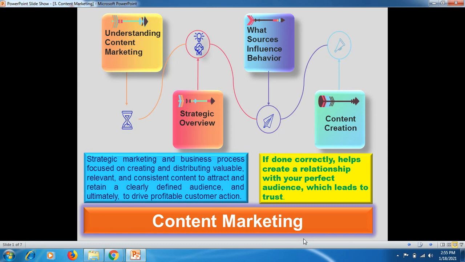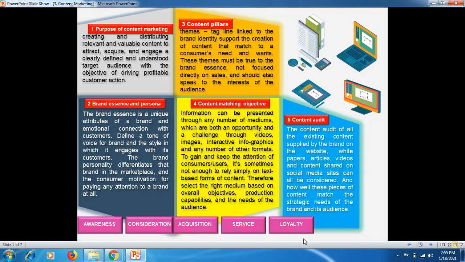This will help you to retain the customer, the potential one, or acquire a new customer as well against your competitor. But before that, you have to define the audience in order to drive profitable customer action. Friends, once it's been done, you will be able to create a prolonged relationship with audiences, which leads to trust, which means loyalty.